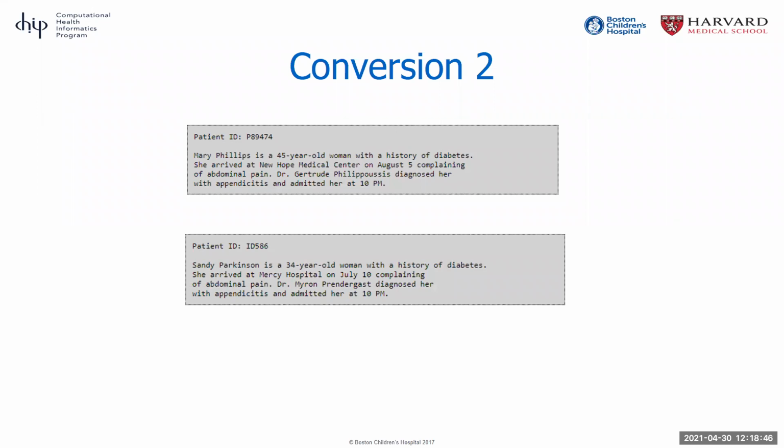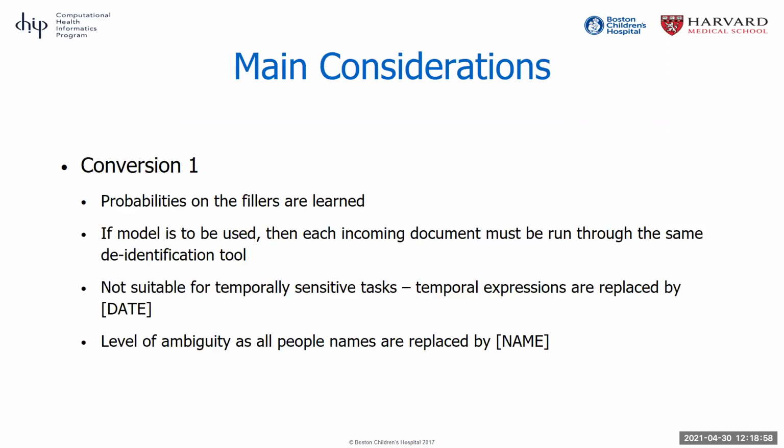So now this kind of conversion seems much better from an NLP point of view, but as I said, there are some pitfalls in using this kind of data. What are the main considerations with each type of conversion? Conversion number one, the one with fillers represented with square brackets, is that when models are built, probabilities on the fillers are actually learned.